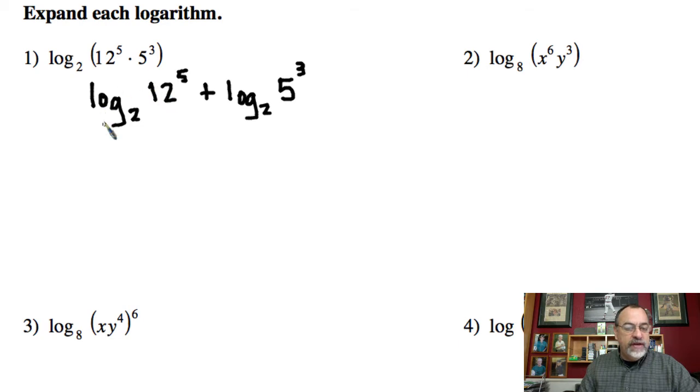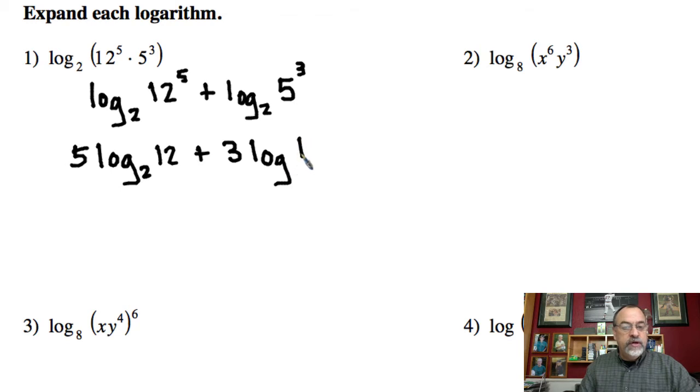Now I also have an exponent raised to another exponent. So the power property says I can take this exponent and move it over into front. So this is going to be 5 times log base 2 of 12 plus, and then this has an exponent as well, log base 2 of 5. So this would be the expanded form of this logarithm.